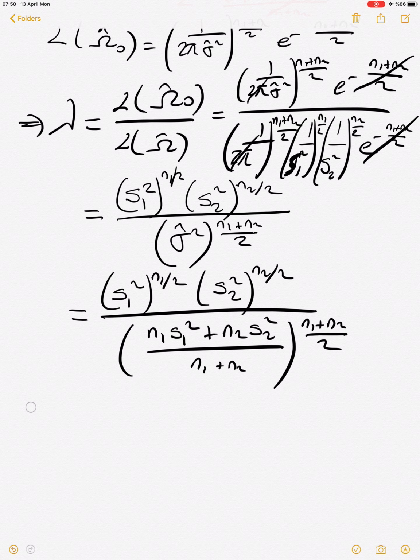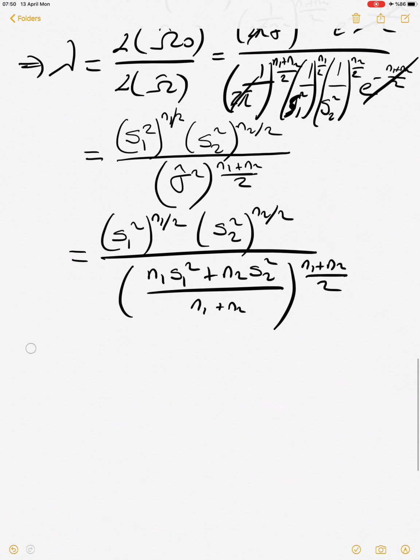Okay, so now we have to think. We have s1, s2 values and the combination at the end. So we have a power of n1 over 2, a power of n2 over 2, and the combination here.